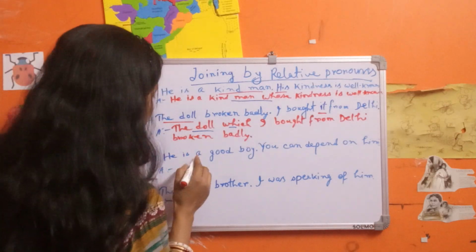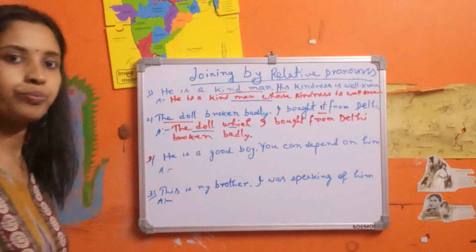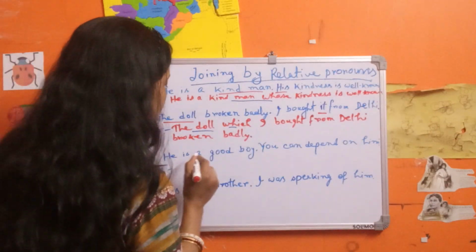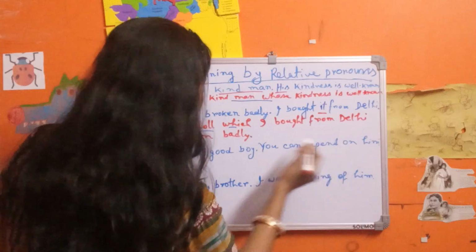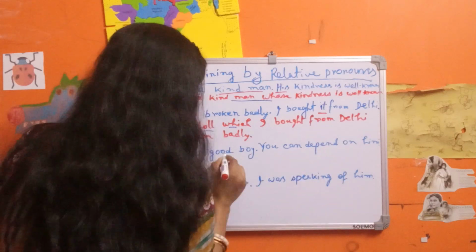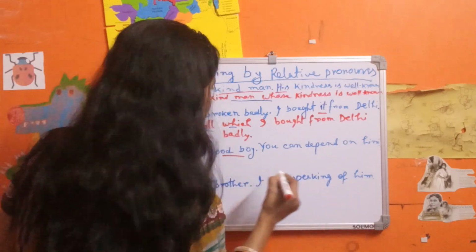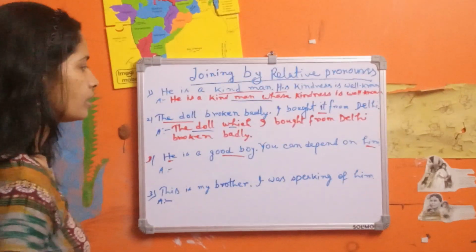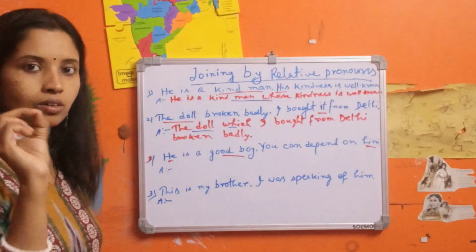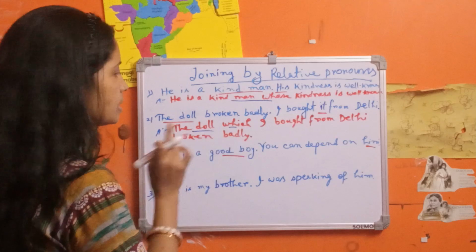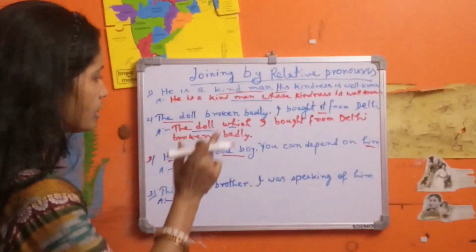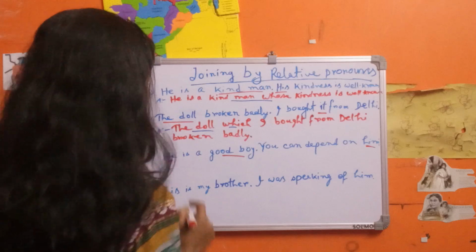Come to the third example. He is a good boy. You can depend on him. Here, good boy, he and him are the same person. Now we have to join the two sentences using relative pronouns. Which pronoun would be perfect in this case?